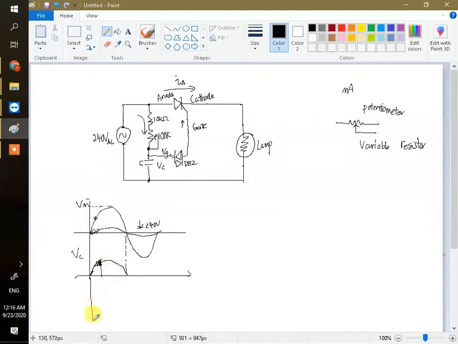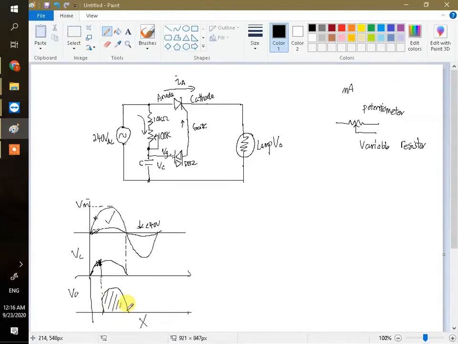On the output, Vout, after the capacitor voltage reaches this level, the AC will transfer to the output, but no negative, because negative will be blocked. So the output looks like this.